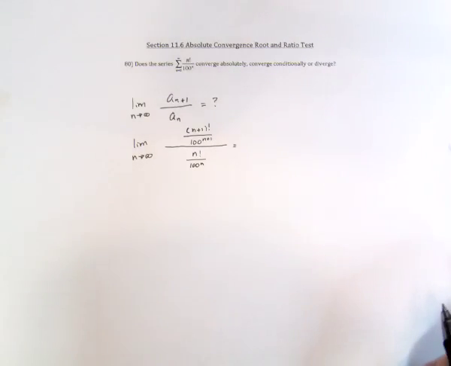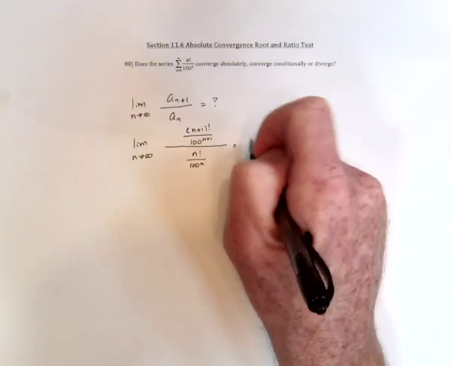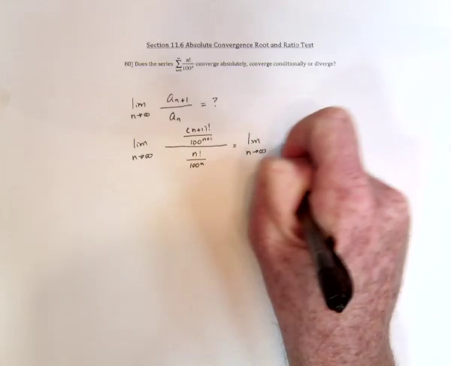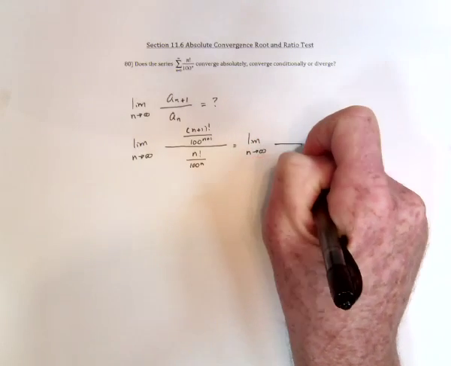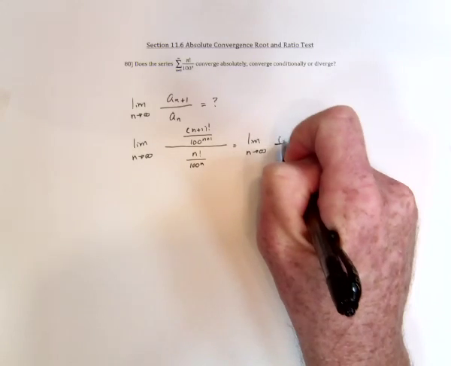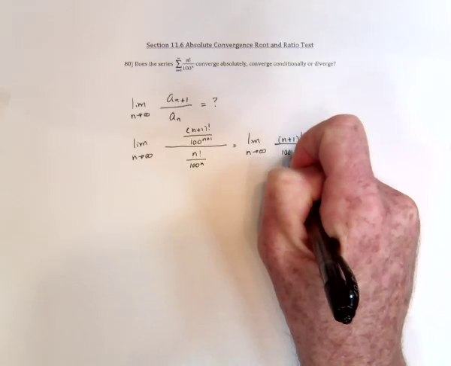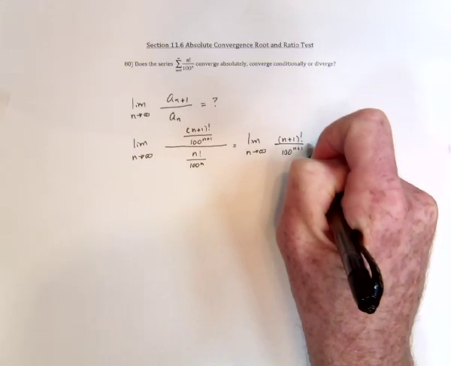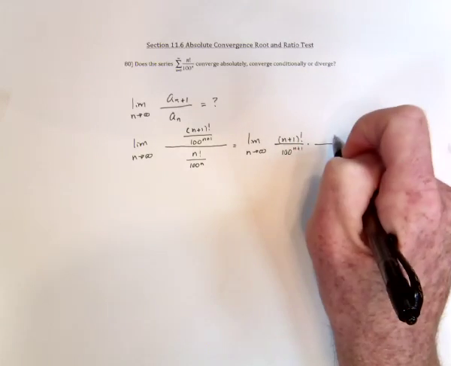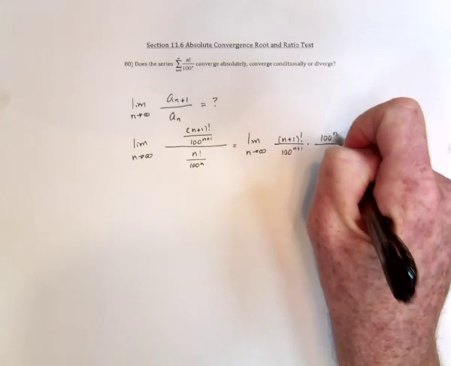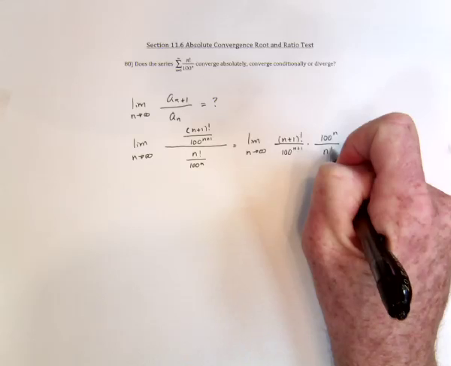And since it's a fraction divided by a fraction, invert and multiply. So we've got the limit as n goes to infinity. This one would look like n plus 1 factorial over 100 to the n plus 1. And then invert and multiply, so this one becomes 100 to the n, and then n factorial.